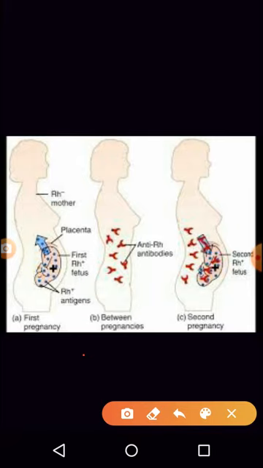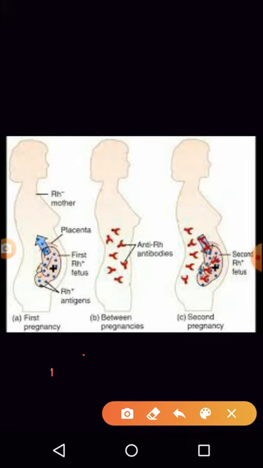lacks the D antigen. So erythroblastosis fetalis happens if the mother is A negative, B negative or O negative, that is, if the mother is Rh negative.